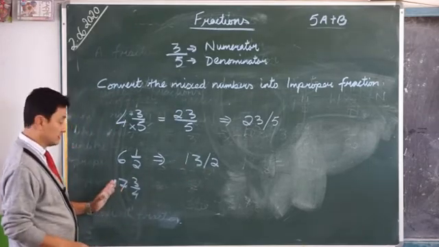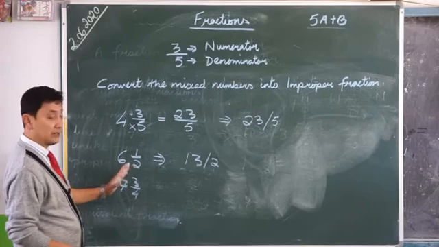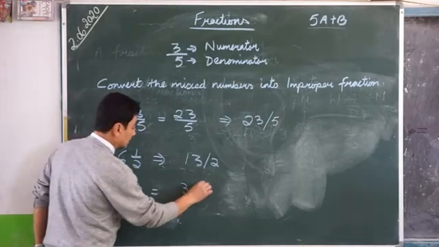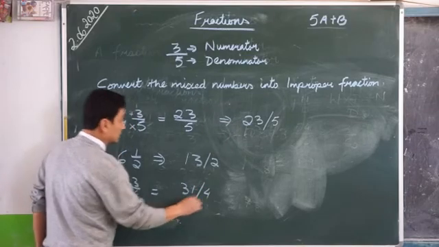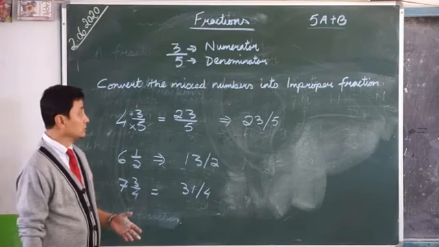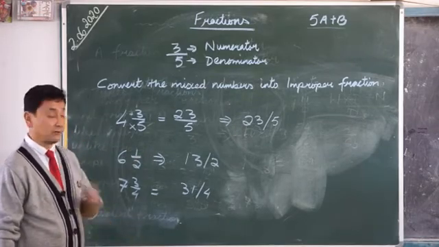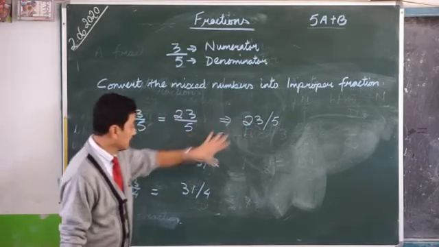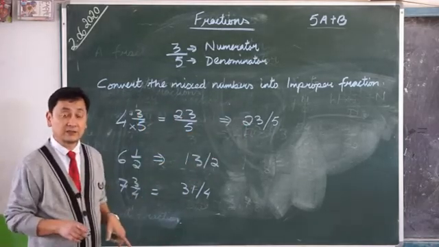So this one, 7 4s are 28, 29, 30, 31. So 31/4. So I hope you have understood how to convert the mixed numbers into improper fraction. And don't forget, you do it like this in the exercise book and write it like this in the self-assessment test.